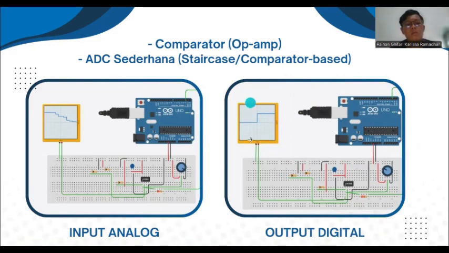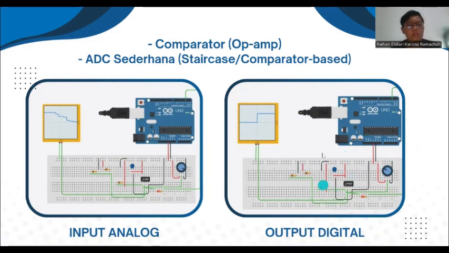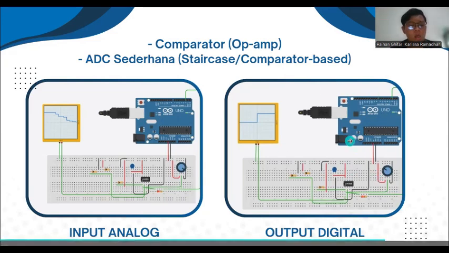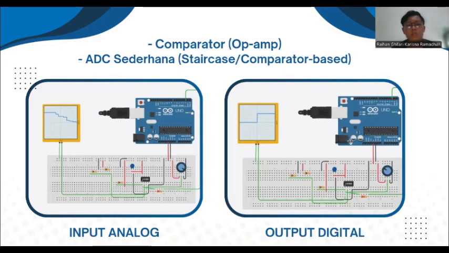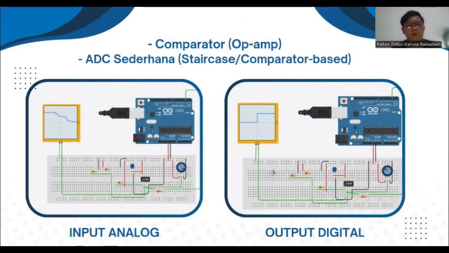It is compared against a preset reference voltage. As a result, the oscilloscope displays a digital signal. In this state, there is no middle ground. There are only two distinct conditions: low, 0 volt, or high, 5 volt.